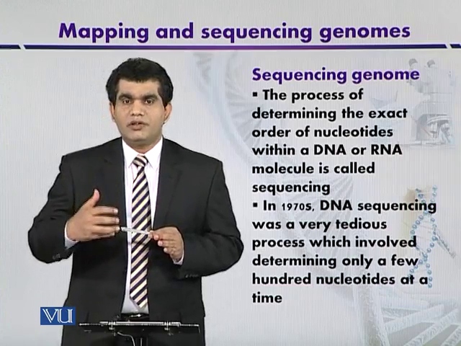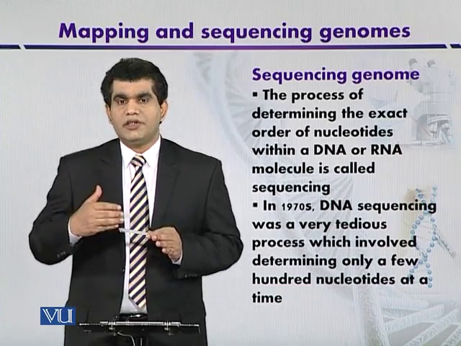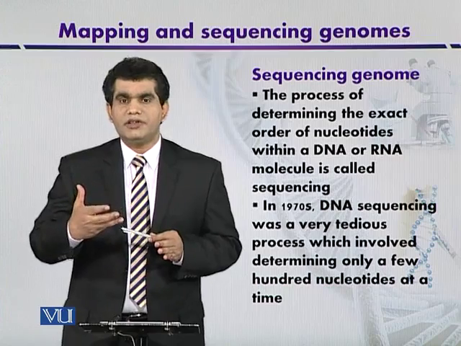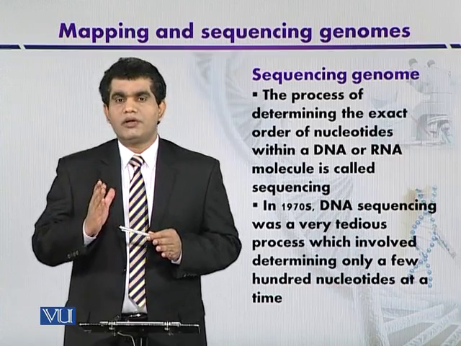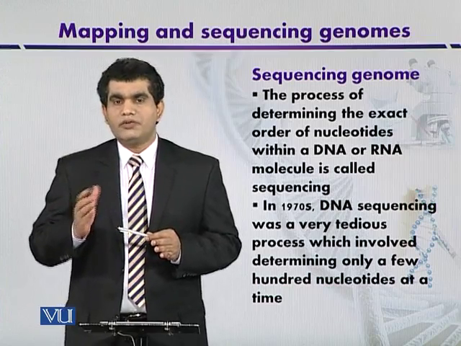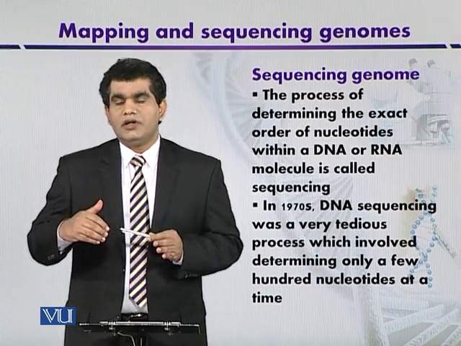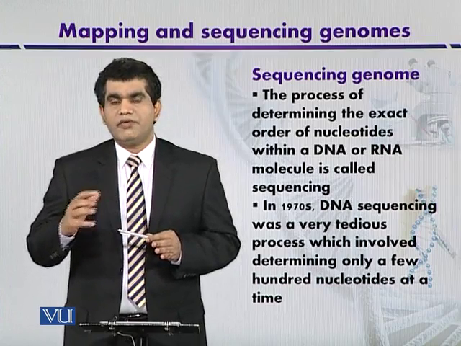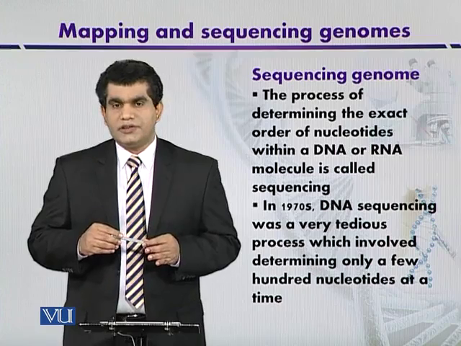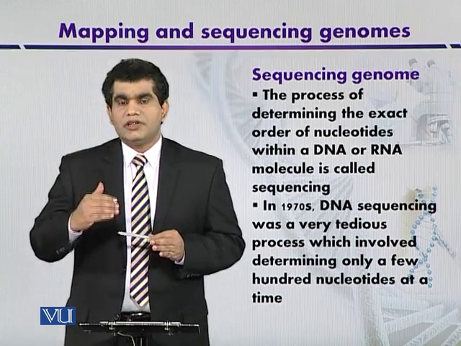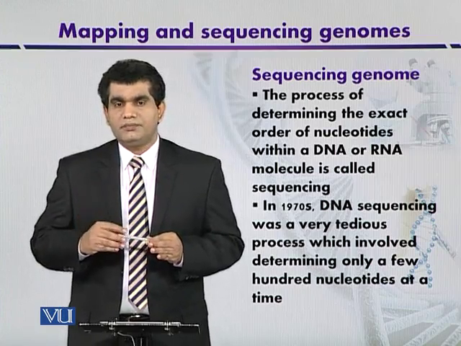So the base will be altered by certain reagents, like in case of cytosine, hydrazine may be there. So the altered base can be removed, and we will get different fragments that are variable in their sizes, and then they can be separated on the gel.